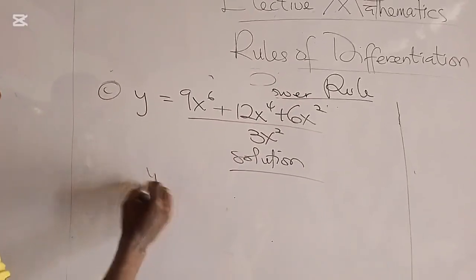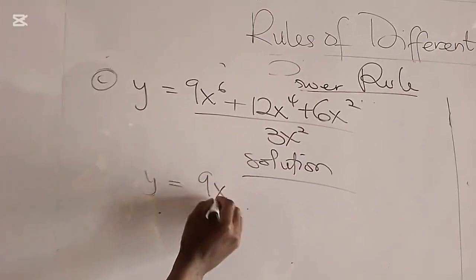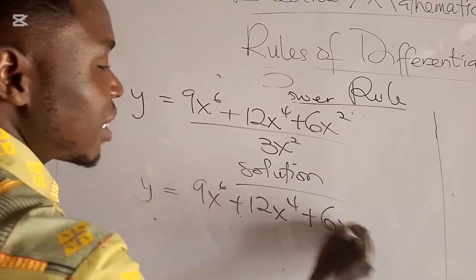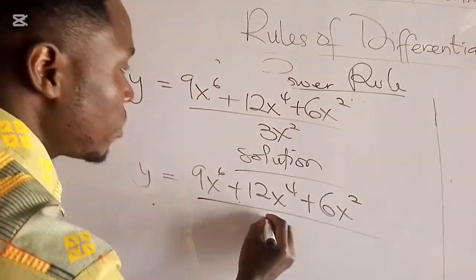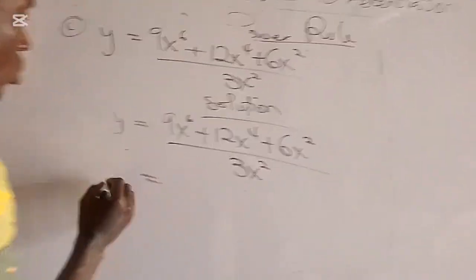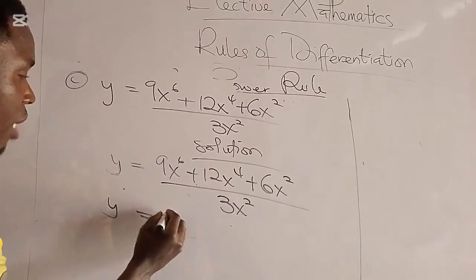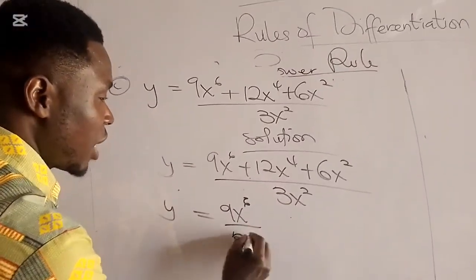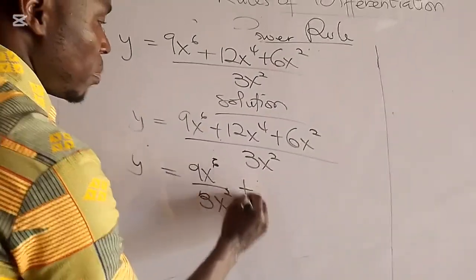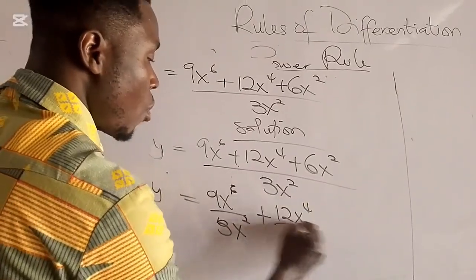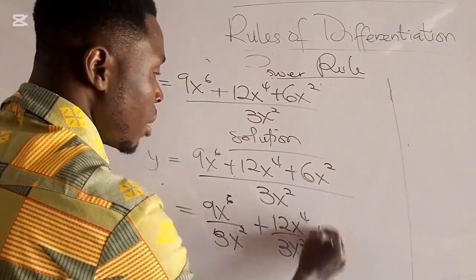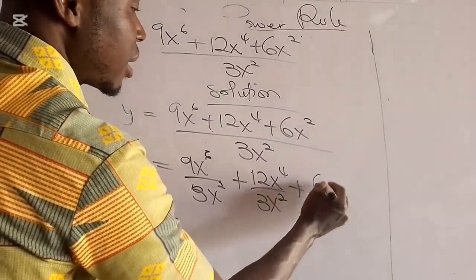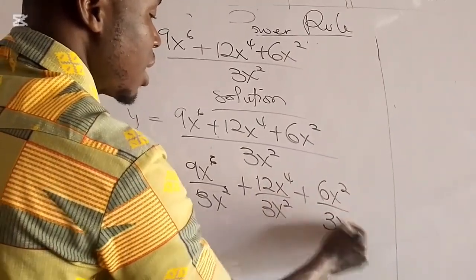So our y is the same as 9x exponent 6 over 3x squared plus 12x exponent 4 over 3x squared plus 6x squared all over 3x squared.